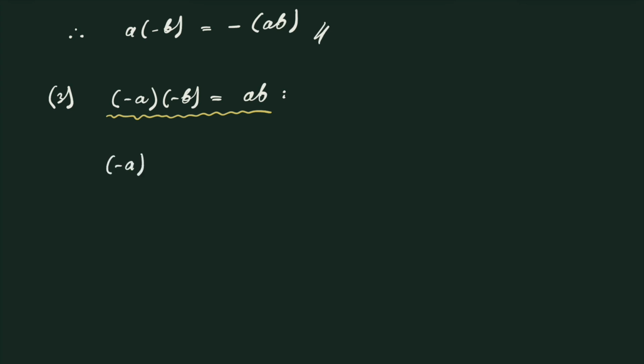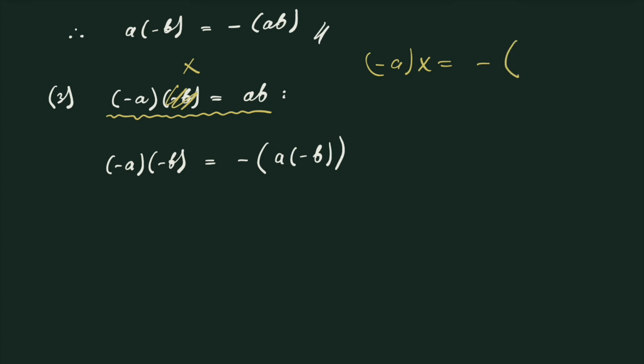Here we just used B as an element; take this as some element x and this as minus A. Then minus A times x will be minus A times x, right? But instead of x, just plug in minus B.